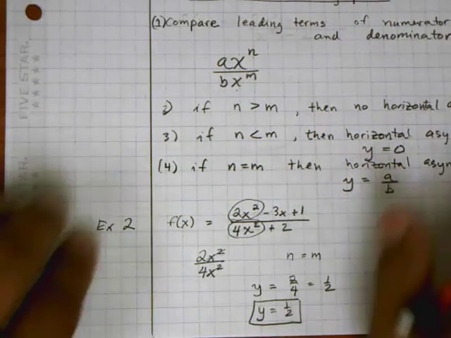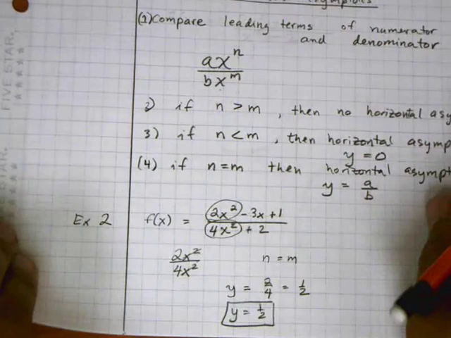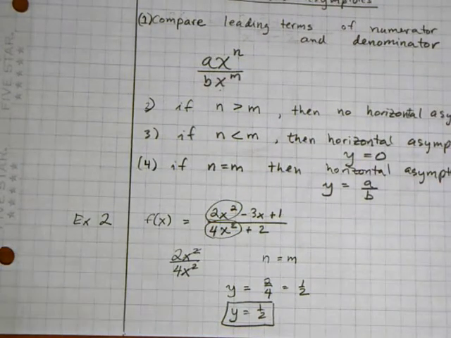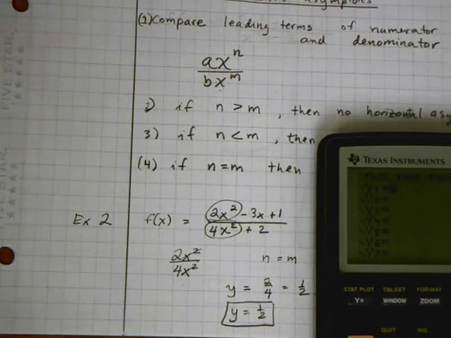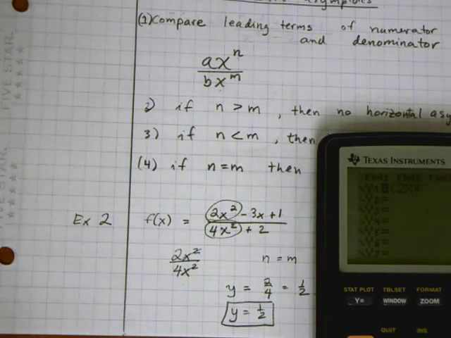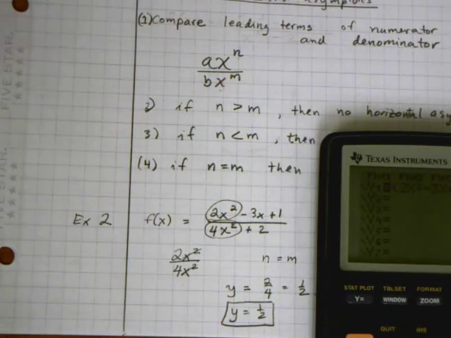And just to show you that this actually turns out to be the horizontal asymptote, let's put this again into the calculator. I'm going to type 2x squared minus 3x plus 1, all of that over 4x squared plus 2.